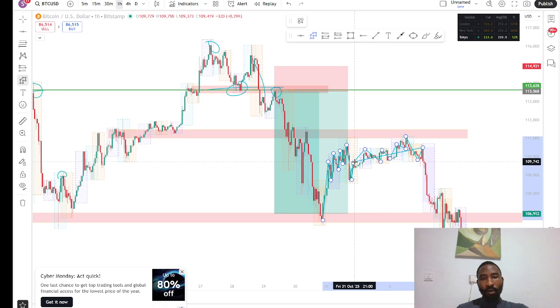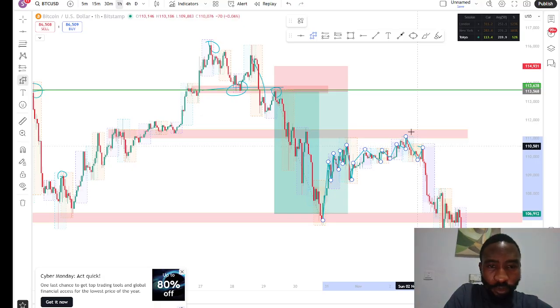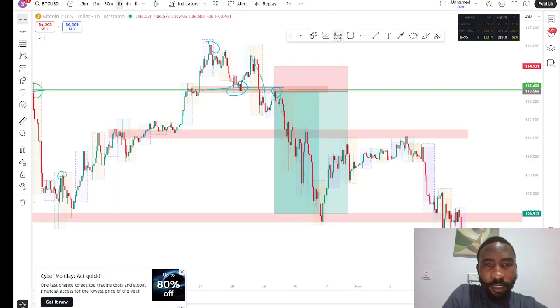The reason why I wouldn't want to enter is because we are not trading at the key zone. Although it tested the key zone, it's not close to the key zone. This one is close to the key zone, to the area of interest. Then my job is to put my entry right here. My entry will be here.